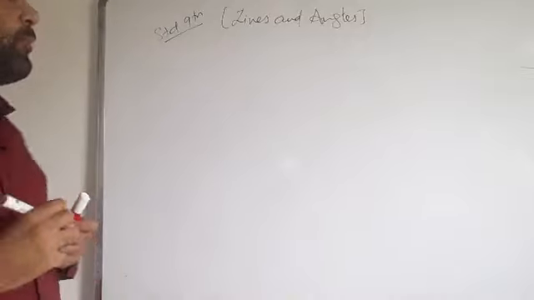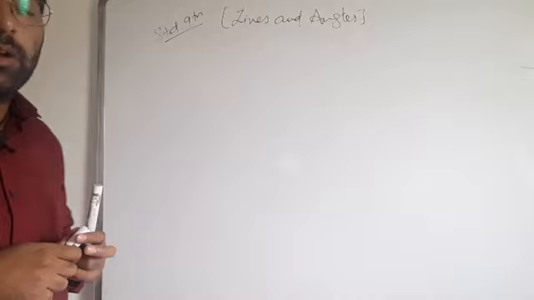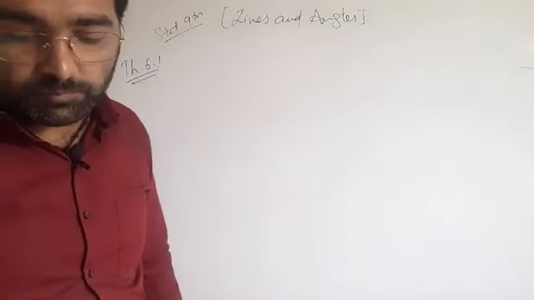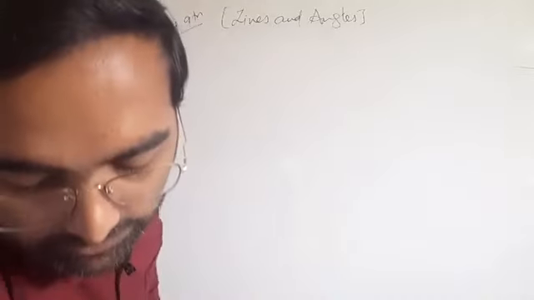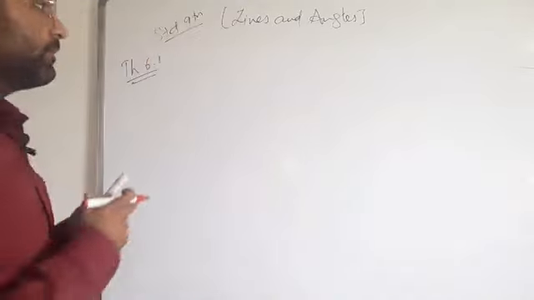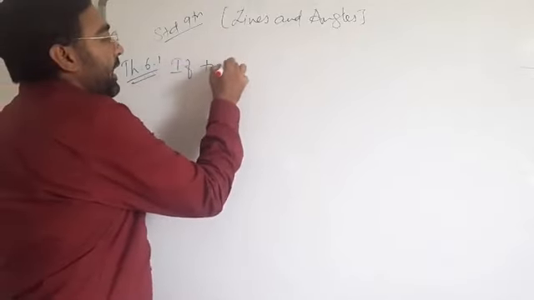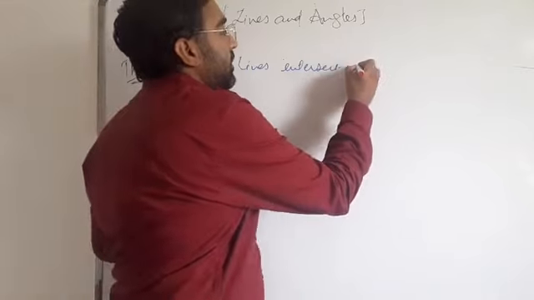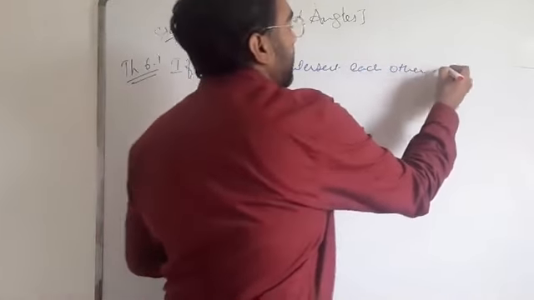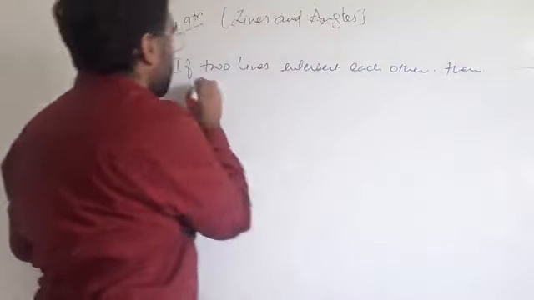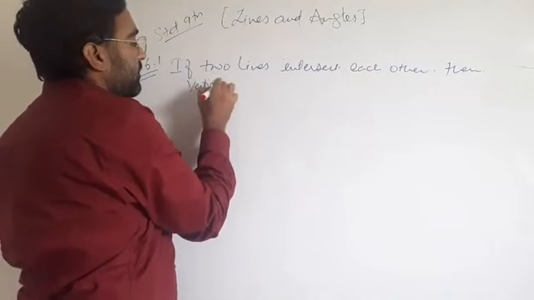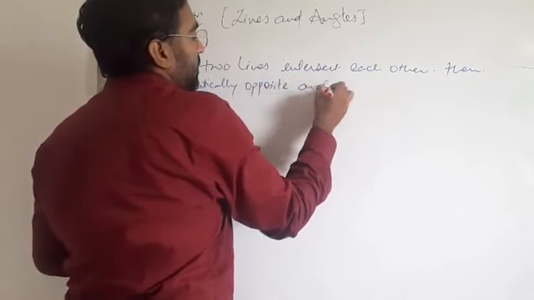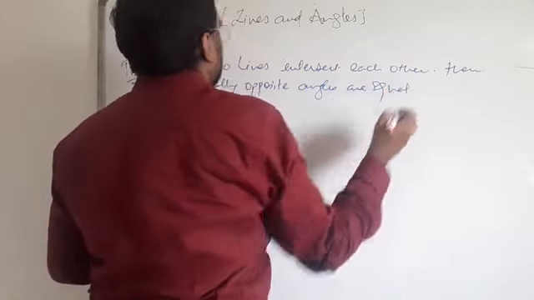First of all we have to learn theorem 6.1: if two lines intersect each other, then the vertically opposite angles are equal. That is your theorem 6.1.